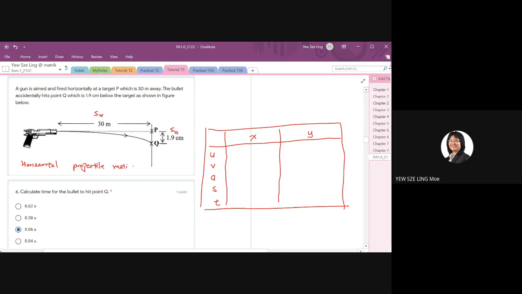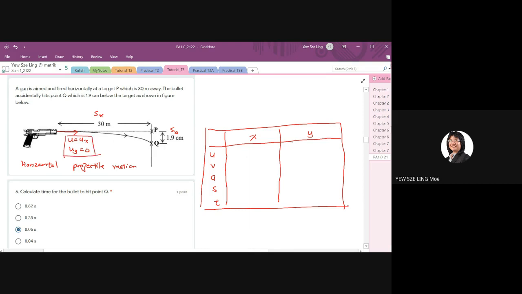So what is so special about horizontal projectile motion? Well, it tells us the initial velocity U is equal to UX and UY is equal to 0. This is the thing that we must know in a horizontal projectile motion.